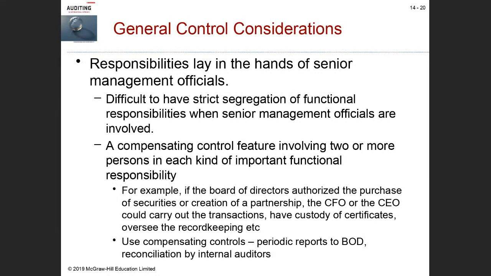Now, a compensating control, we haven't seen that word much at all in the text. The controls that auditors rely upon are called the key controls. Management has many, many controls in their accounting systems, but the auditors can't rely on all of them. They select the best ones.